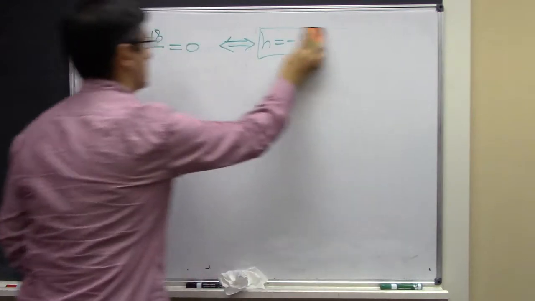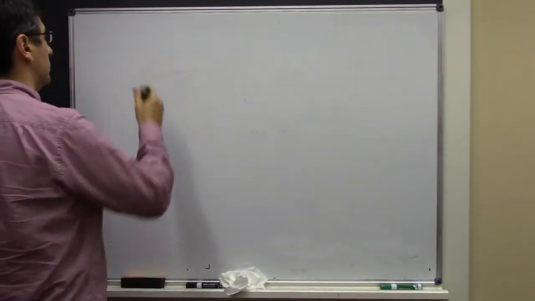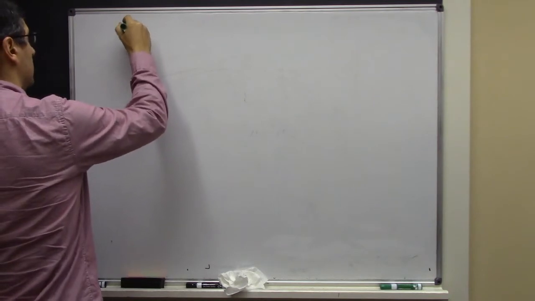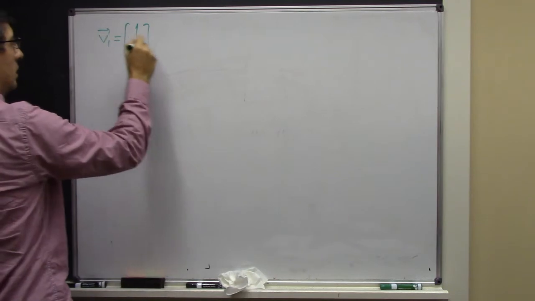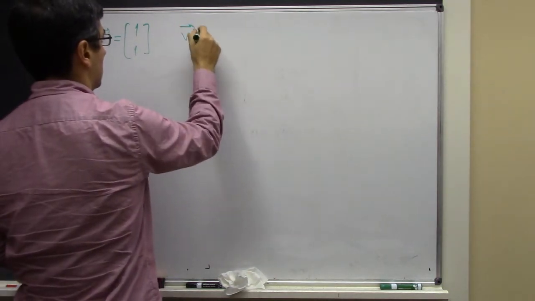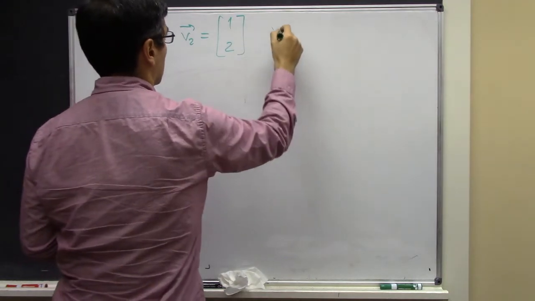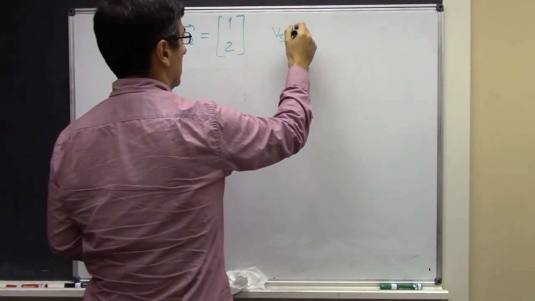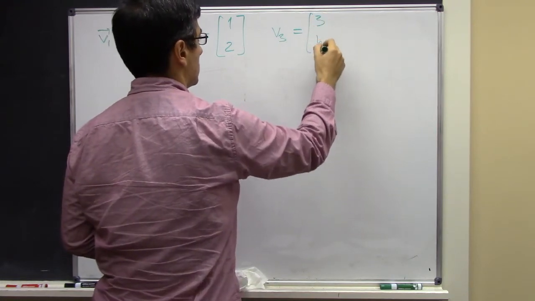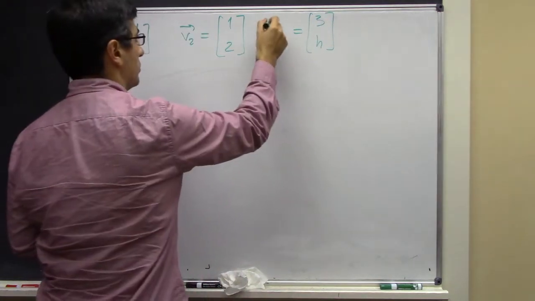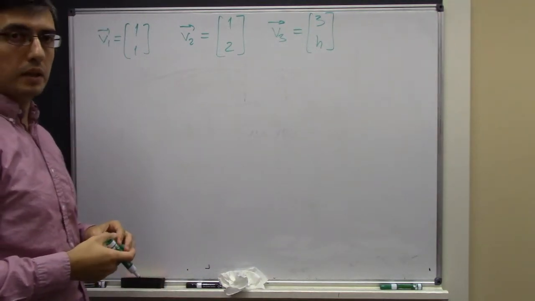Now let me simplify the same example. Suppose I give you the following vectors: (1, 1), (1, 2), and the third will be, say, (3, h). And I ask you for which h these three vectors are linearly dependent.